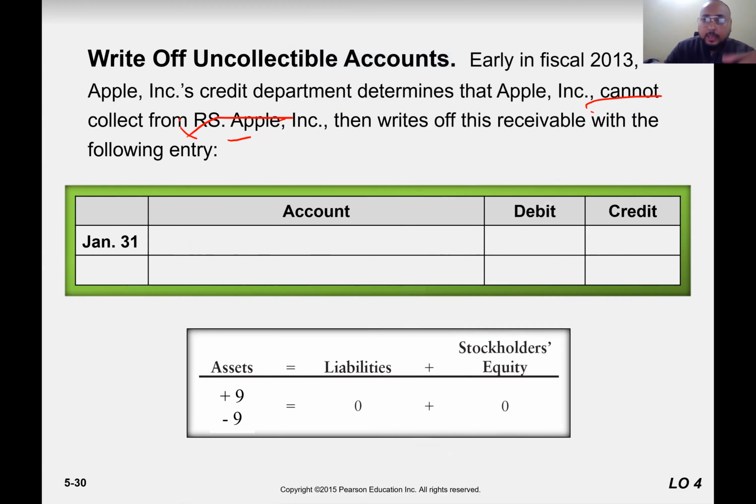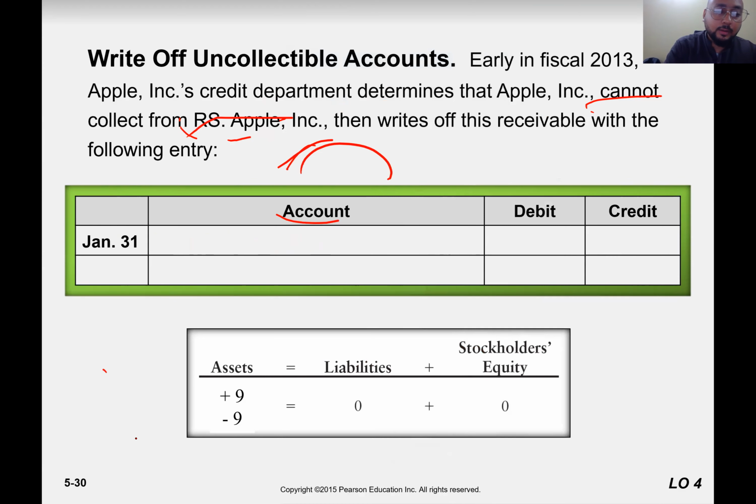Remember, we already created expense when we transferred it to our budgeted income statement, so our data is not disturbed. The actual uncollectible we will charge to allowance. From sales, we create an allowance and make it separate. So whatever happened, we charge it to allowance.